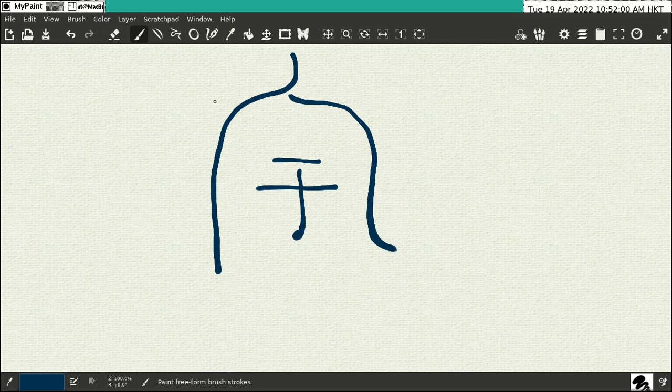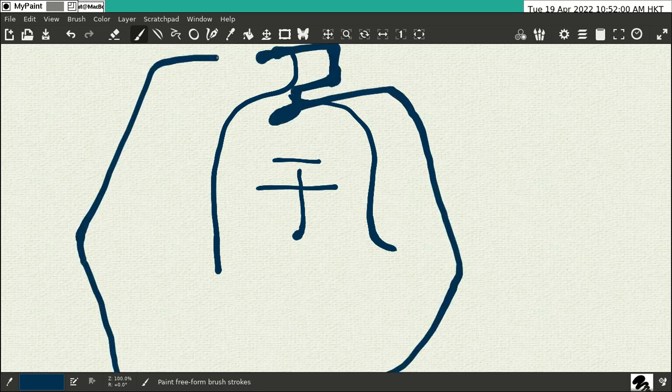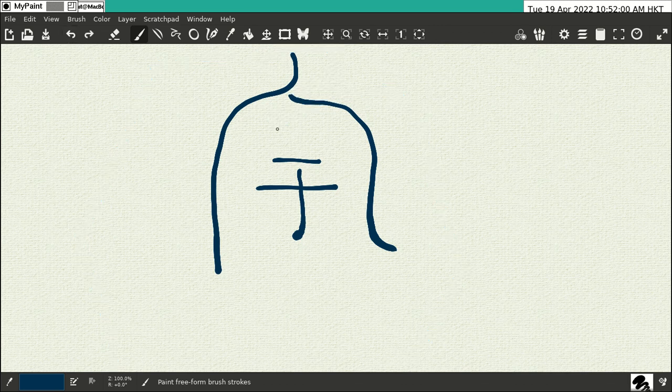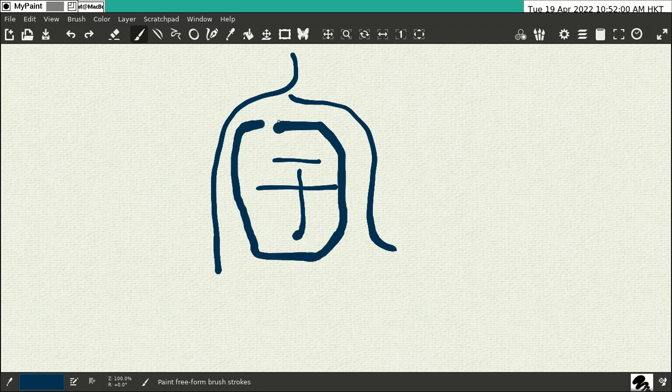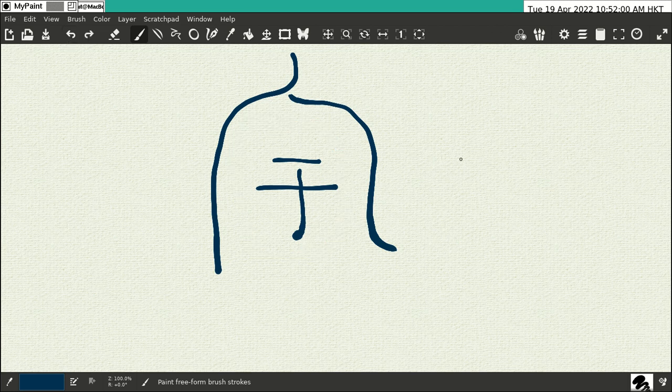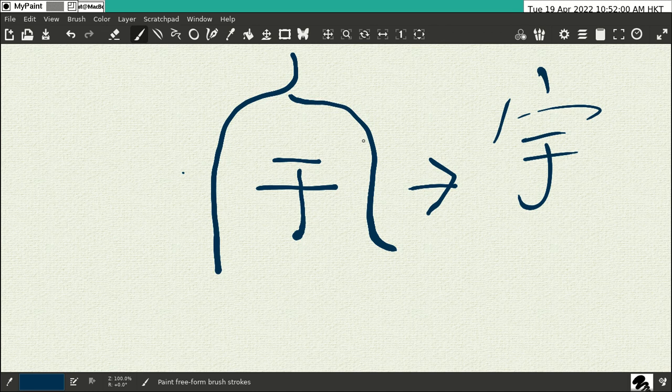A house surrounding, and inside could be a human being. I'm not sure. After 1,000 years of evolution, it comes to the standard form. Now I write it more carefully. Now the standard writing is this.